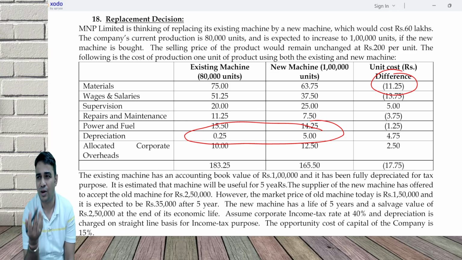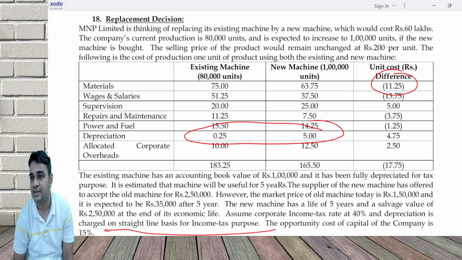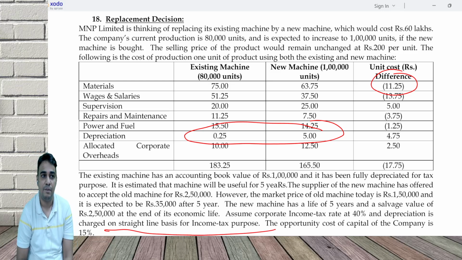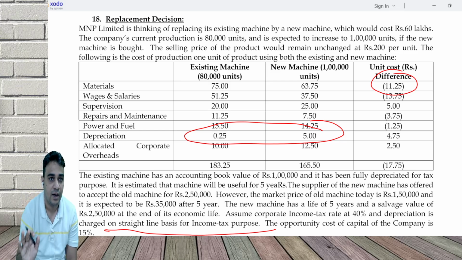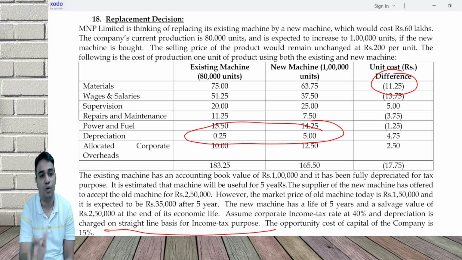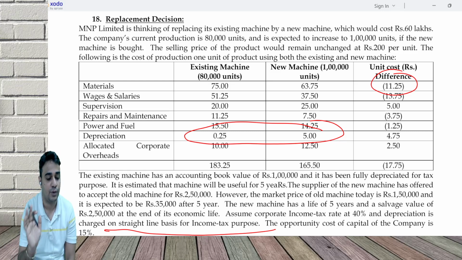Income tax guys are not going to agree to this. Income tax guys are very clearly saying, give me straight line basis. What is the capex of the new machine? What is the salvage value of the new machine? 60 lakh minus 2 lakh 50 divided by 5 years is what income tax guys are interested in knowing. They don't know this 5 into 1 lakh or 0.2 into this.